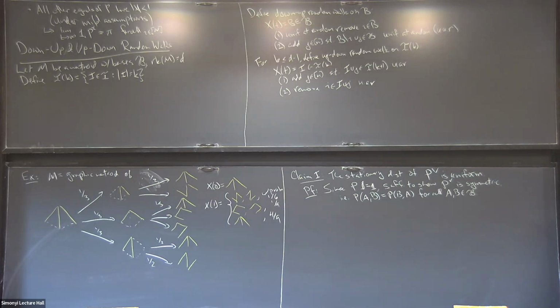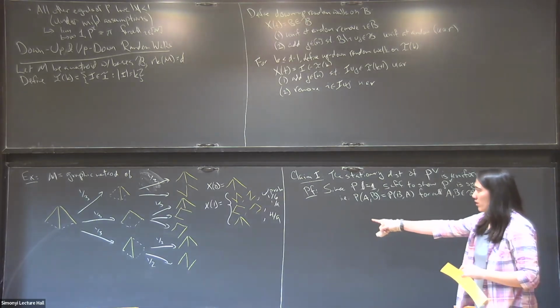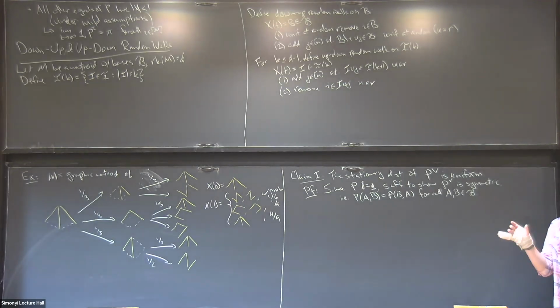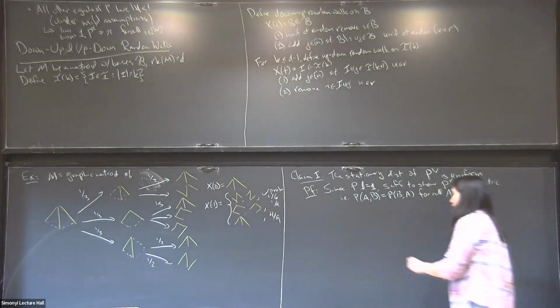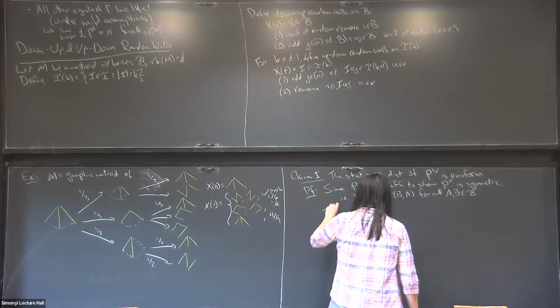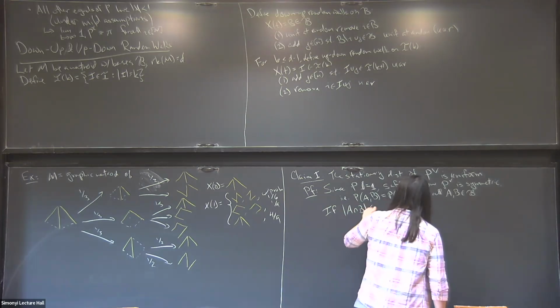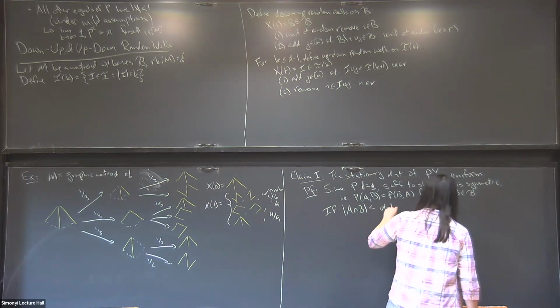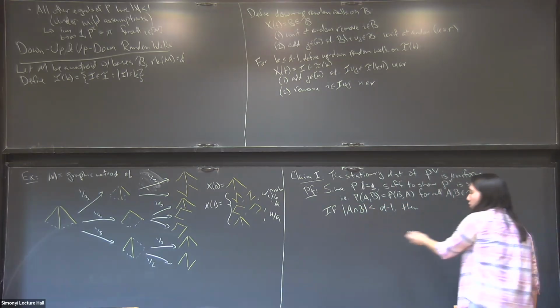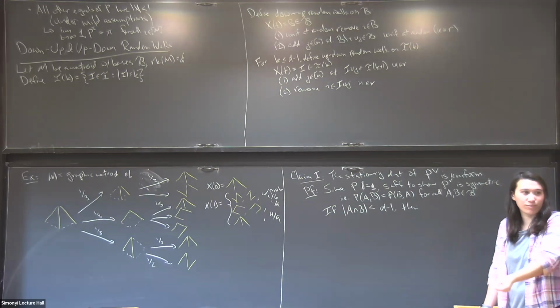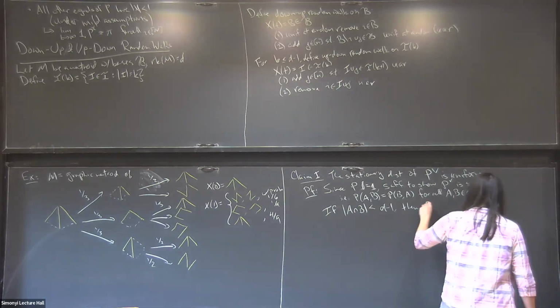So as Danya pointed out, sometimes these entries are 0. Specifically, I claim they are 0 when the two bases differ by more than one element. If the overlap between A and B is less than D minus 1, then we never go from A to B, because we can only change one element, and we never go from B to A, because again we only change one element.